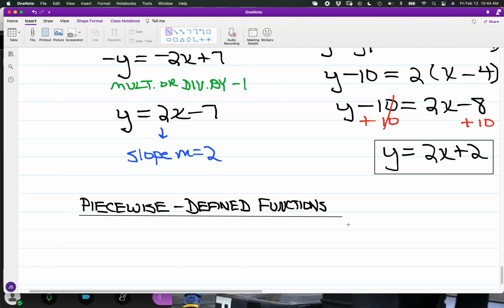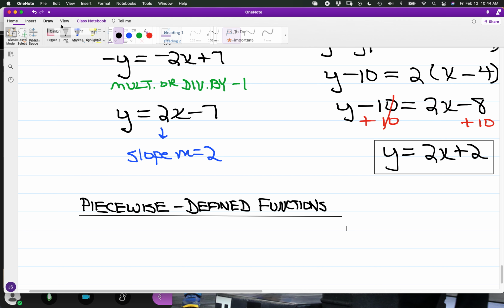And just for piecewise defined functions, there could be a real life example where somebody's doing their taxes and you have your separate tax brackets.